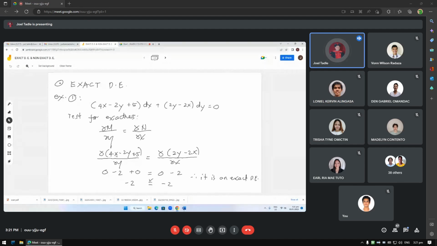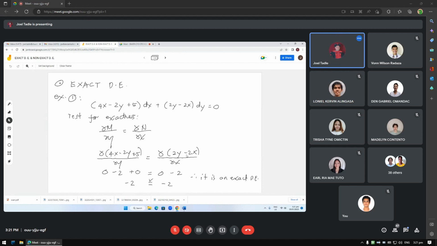So in this case, ang 4x, ma-consider ni nato siya nga constant. So what is the derivative of constant? Di ba ang derivative sa constant is 0 man, no? So partial derivative of 4x with respect to y is 0. Then ang second term, partial derivative of negative 2y with respect to y is negative 2. Move out ni mo ang constant. Then partial derivative of 5, which is constant, is 0. So the answer here is negative 2.